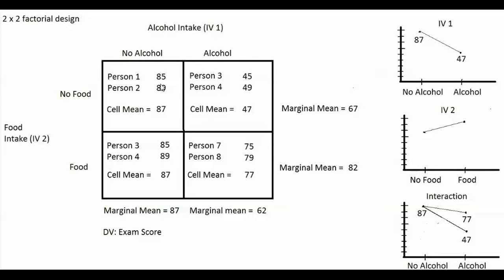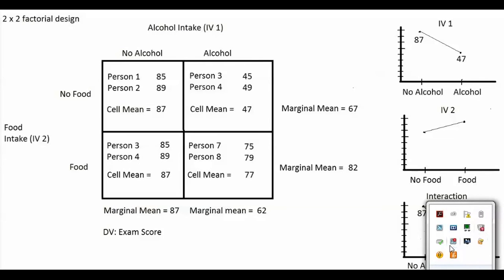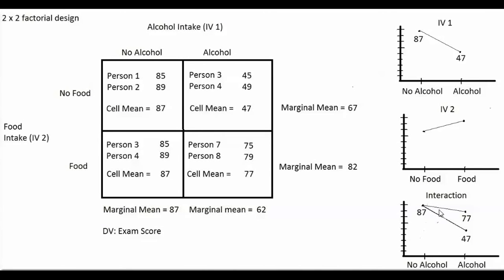So if you have an equal number of people in each cell, the experiment is balanced, which means that the main effect of IV1 is not confounded, and the main effect of IV2 is also not confounded. But if you have unequal values in each cell, the main effects will be confounded, and you won't be able to interpret the main effects anymore. You would still be able to interpret the interaction, but the main effects would be confounded.